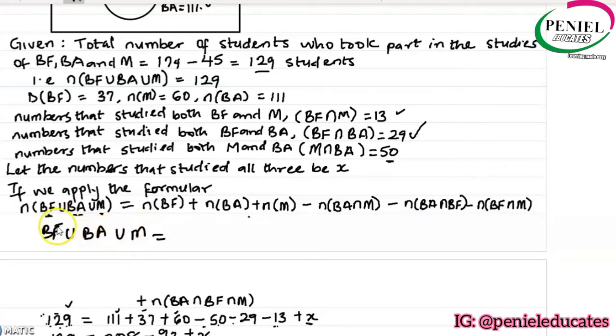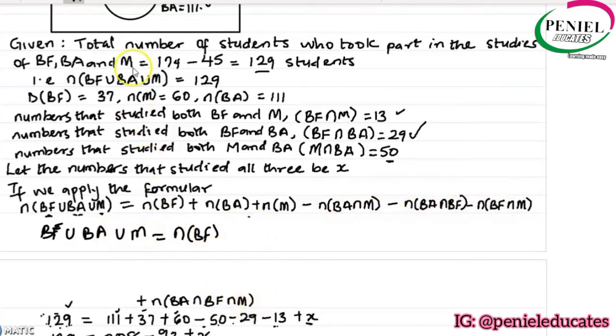Under our rule, this union, we're going to have the number of banking and finance plus the number of business admin plus marketing, minus all the intersects, then plus the intersect of all three.